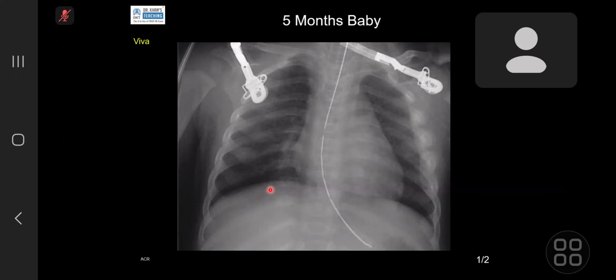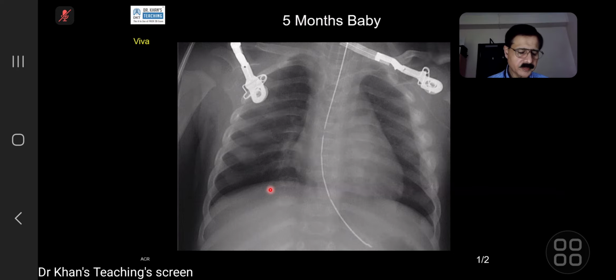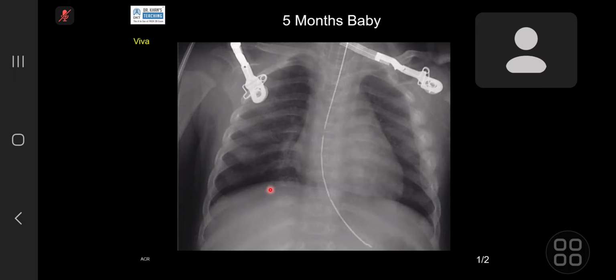So, since the child is 5 months of age, I don't think it can be a case of rickets because normally we don't see rickets in early infancy. I'm not able to make out, but I don't think it's a case of rickets because the child is less than 6 months.